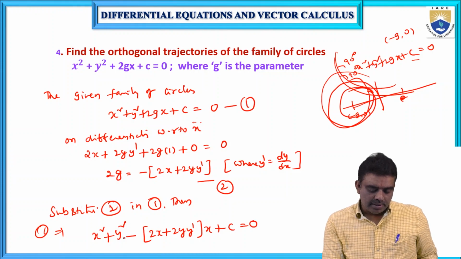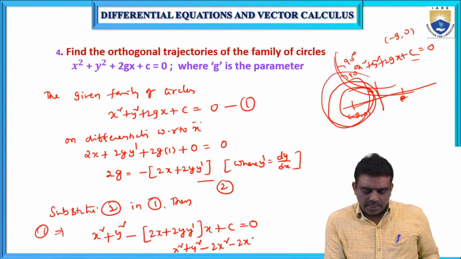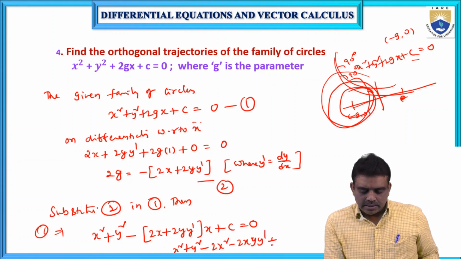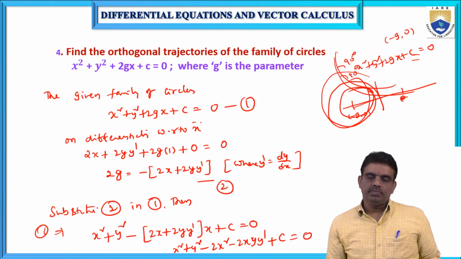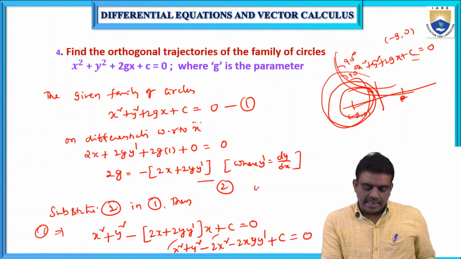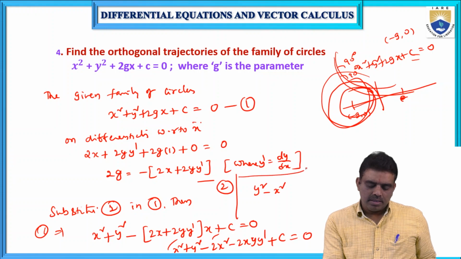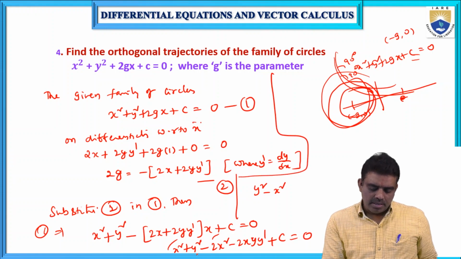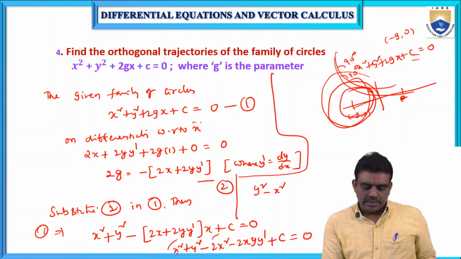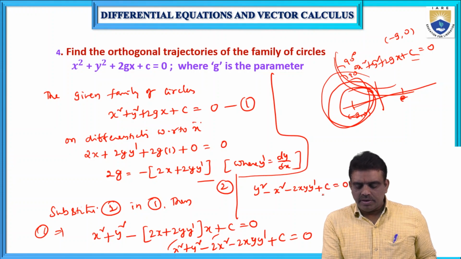On simplifying, we get x square plus y square minus 2x square minus 2xy y dash plus c is equal to 0. Or we can write x square minus 2x square as minus x square, so the equation can be written as y square minus x square minus 2xy y dash plus c is equal to 0.